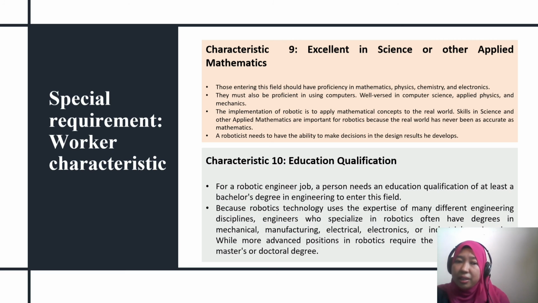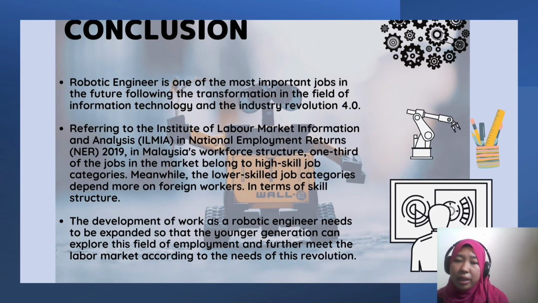And finally, the 10th characteristic is the education qualification. For a robotic engineer job, a person needs an education qualification of at least a bachelor's degree in engineering to enter this field. That's all about the characteristics.